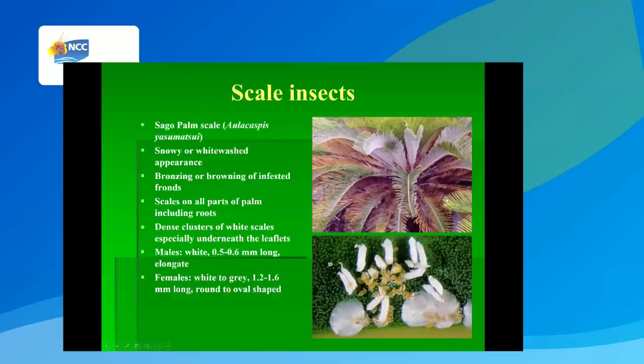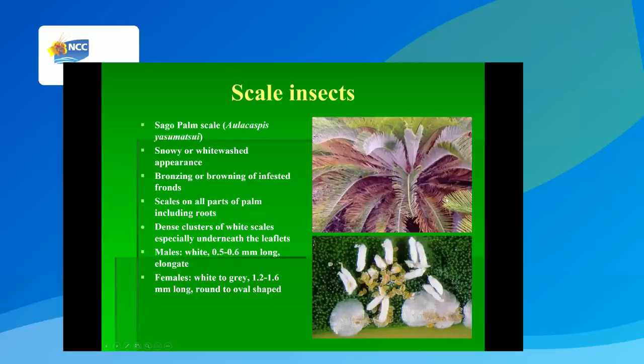Another example of a scale insect was this big problem that we had a few years ago, which was the sago palm scale. And you'll see them on the bottom right hand photo. The round ones being the females and the elongate ones, the males.